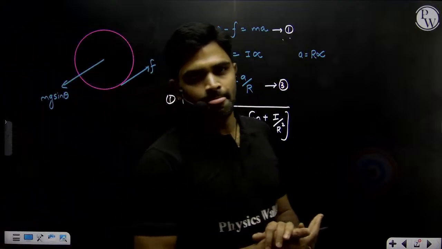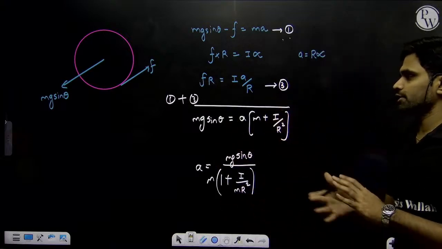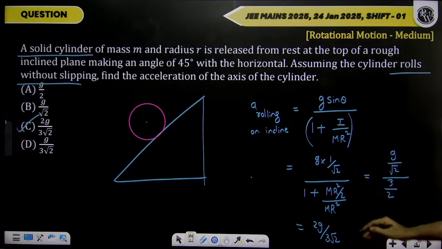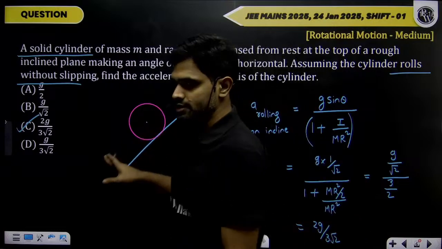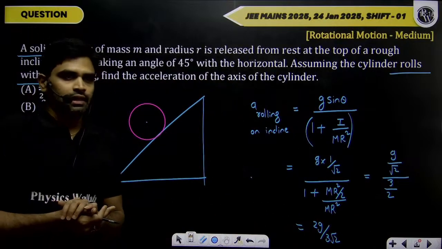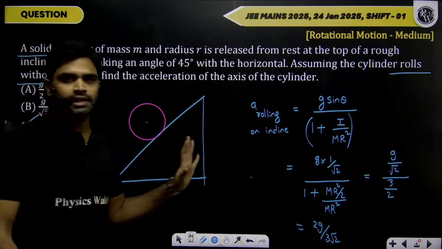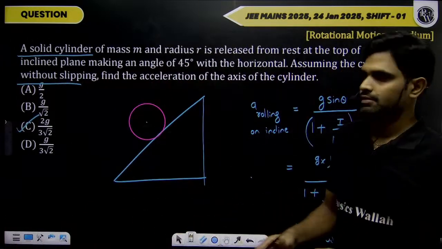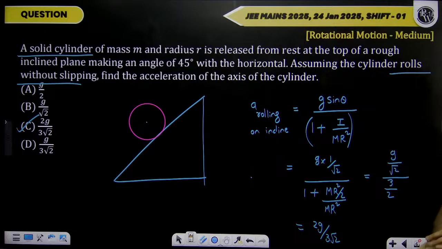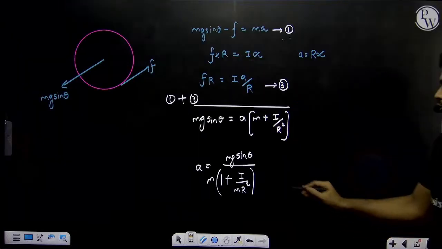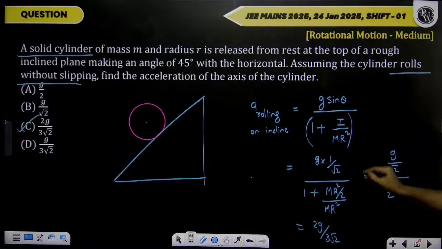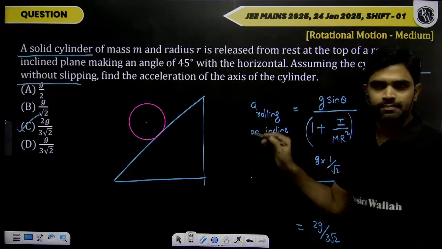The spin-offs for this question would be, they would be asking what is the velocity at the bottom. Instead of asking acceleration, they could have asked velocity at the bottom, or they can ask which one reaches the bottom first. In all those cases, we should be able to do that, because if acceleration is high, it will take lesser time.